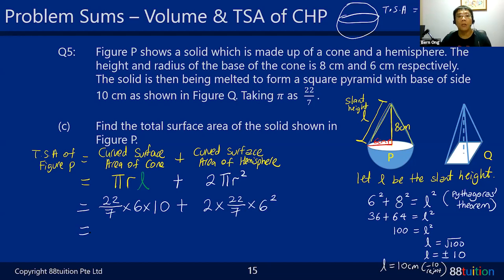So you key everything into the calculator again: 22/7 times 6 times 10 plus 2 times 22/7 times 36. Bam, the answer will be 414 6/7 cm square. This is the exact answer. Give the exact answer, that will be the best. And that will be the total surface area of figure P.